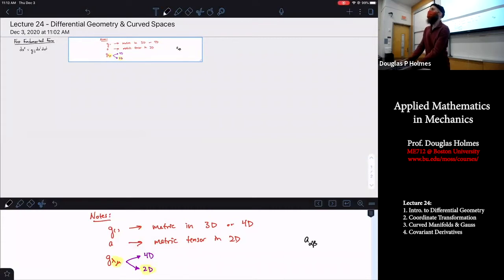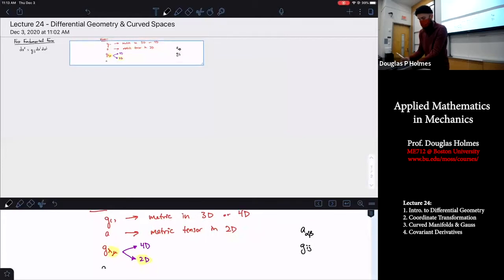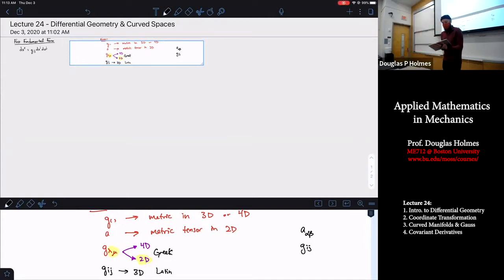And if I was to write the metric tensor for a blob of jello, I would probably write g ij, where the Latin symbols are usually denoting something happening in 3D. I'll try to put some more notes to the side as we go.